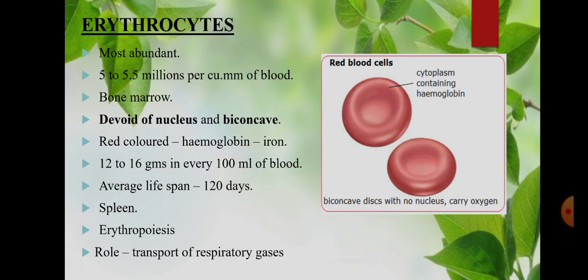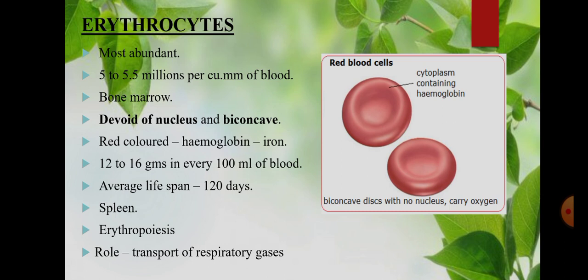First we will learn about RBCs, or the red blood cells. There is another name for RBCs: it is also known as erythrocytes. Erythro means what? Red. That is why it is known as red blood cells, or RBCs. It is the most abundant blood cell in the body.